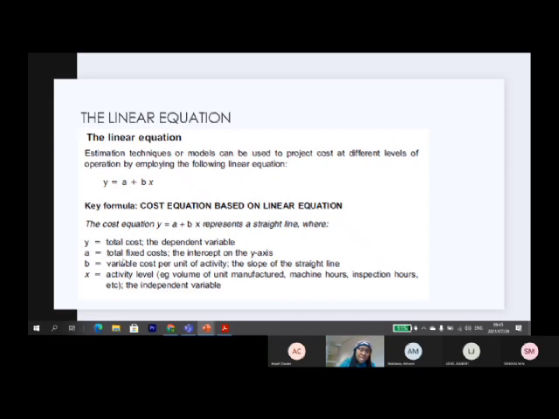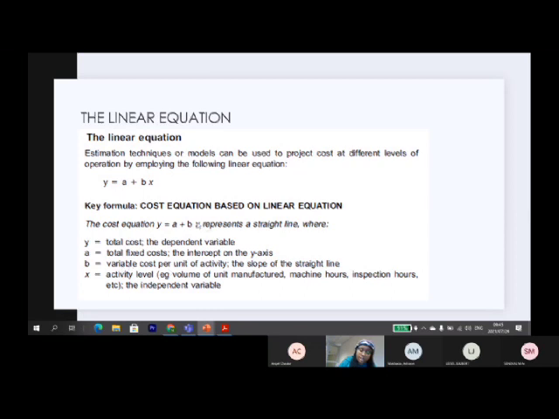So A is your fixed cost. Then B is your variable cost per unit. And as we've mentioned, variable cost per unit goes hand in hand with, it is dependent on, the activity level.